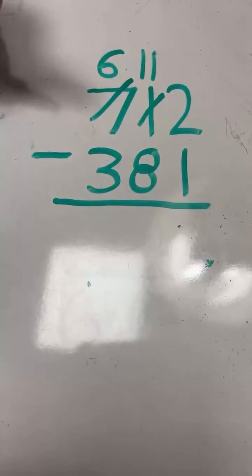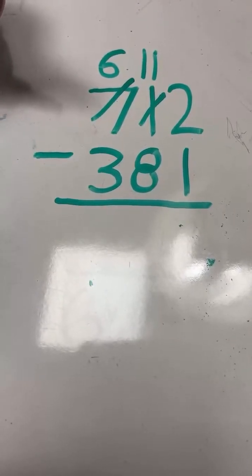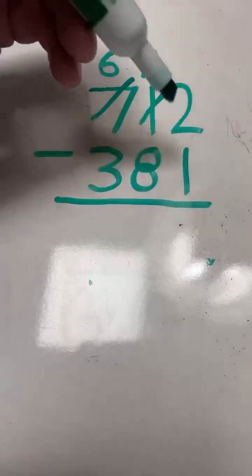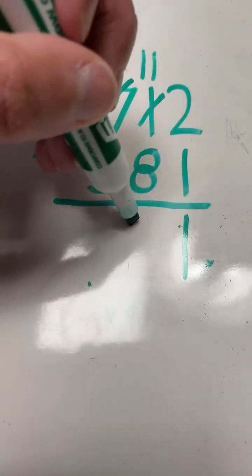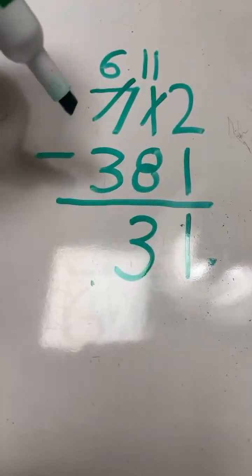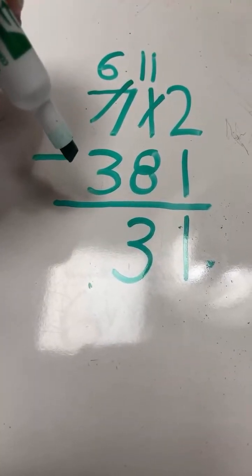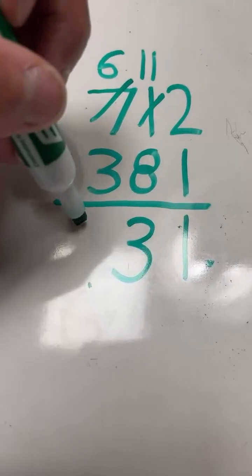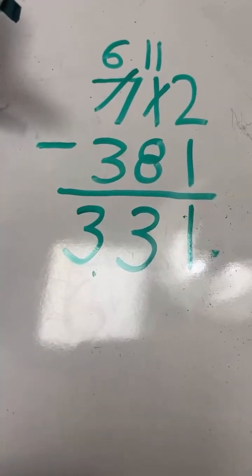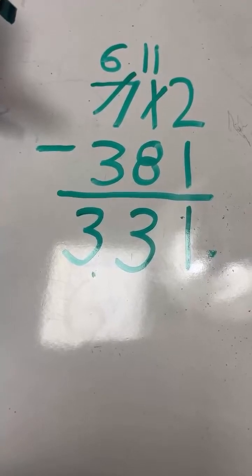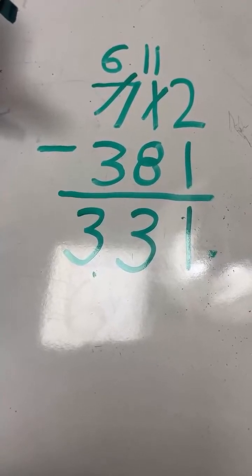We are ready to subtract. 2 minus 1 equals 1. 11 minus 8 equals 3. And 6 minus 3 equals 3. And we have our final answer. 712 minus 381 equals 331.